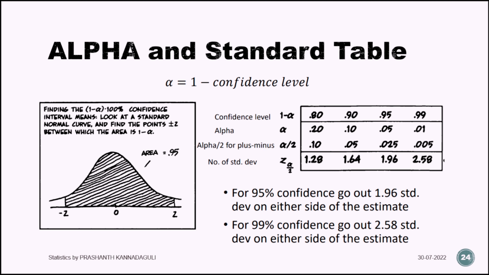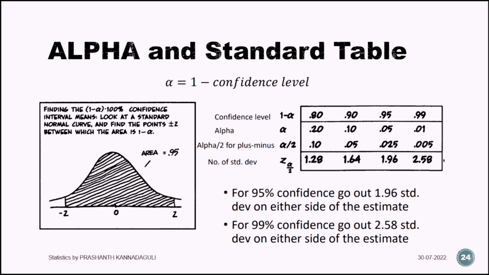The first row denotes the confidence level, and in the second row we convert the same thing into alpha, which is 1 minus that. So 1 minus 0.8 is 0.2, then 0.1, 0.05 and 0.01. Very straightforward: simply 1 minus the previous row.